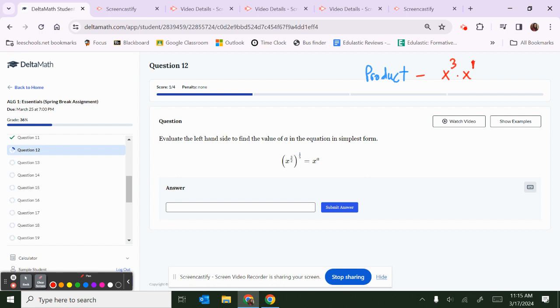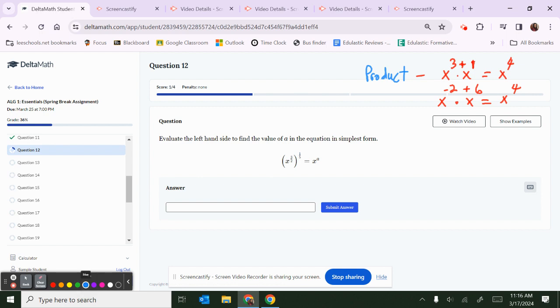So x to the third power multiplied by x to the first power would give me x to the fourth power. Similarly, if I saw x to the negative 2 power multiplied by x to the sixth power, when you multiply things with the same base, you add the exponents. Negative 2 plus 6 will give me positive 4. So that is the product rule.